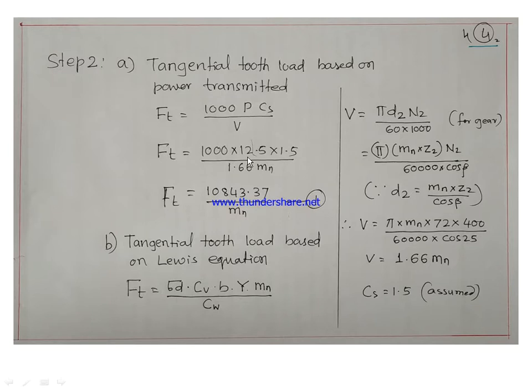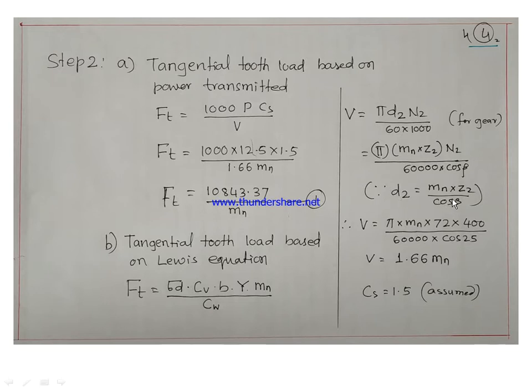Power is 12.5 kilowatt, Cs assumed 1.5, and V, the velocity, is pi d2 n2 divided by 60 into 1000. So substitute for d2 as module into number of teeth, because d is equal to m into z, divided by cos beta.